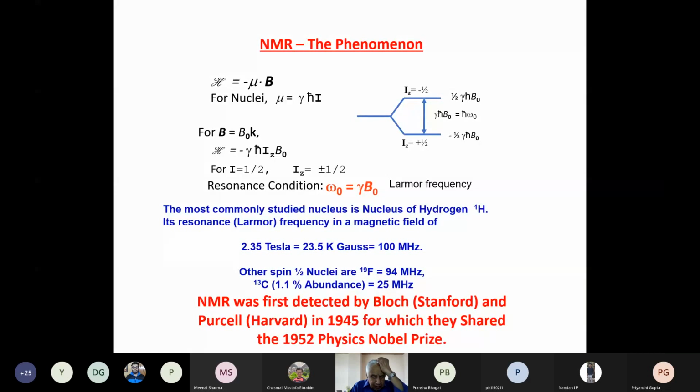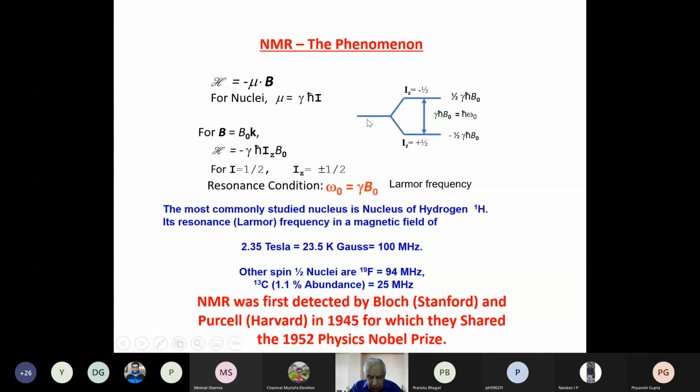The interaction energy between a magnet and a magnetic field is given by this equation, and for nuclei, mu is equal to gamma h cross I. So if we have a B naught field in the z direction, then the interaction energy becomes proportional to Iz and B naught, and gamma depending on the nucleus that you are looking at.